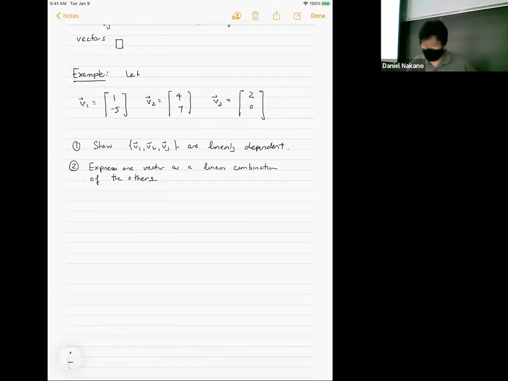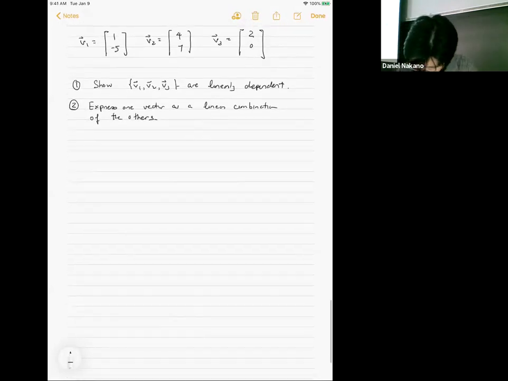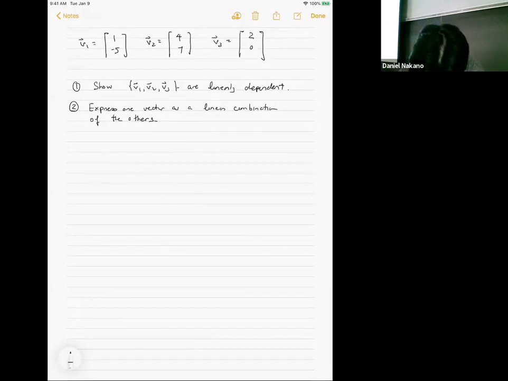Okay, good. Any questions on this? All right, so let's do the first part. For part 1, we're looking at, again, the homogeneous system of equations.